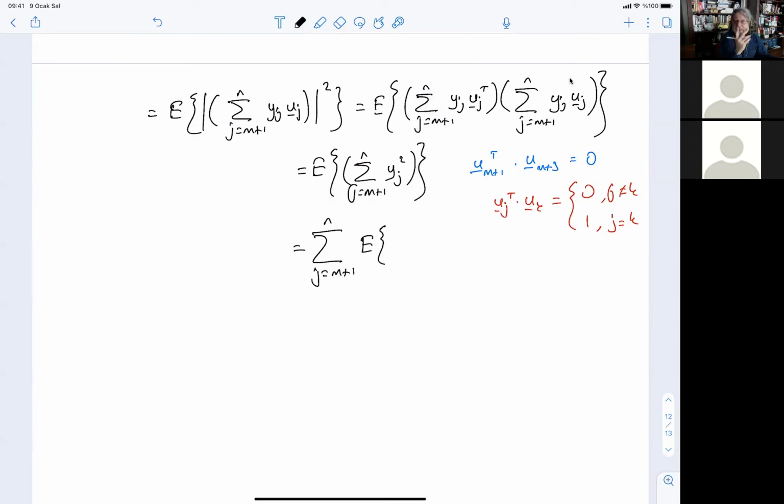Because summation and expectation can interchange their places because they are both linear operators. Expectation also has the integral or summation operator inside, so they are both linear operators. Their orders can be interchanged. Expectation of y_j squared. Okay, so these two top and bottom terms are the same.